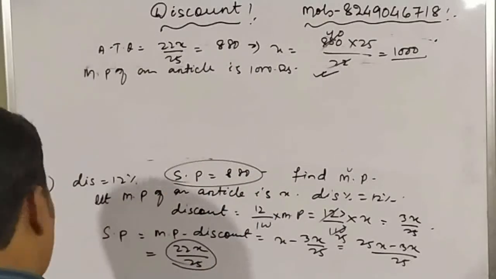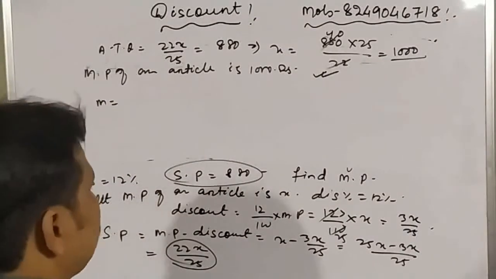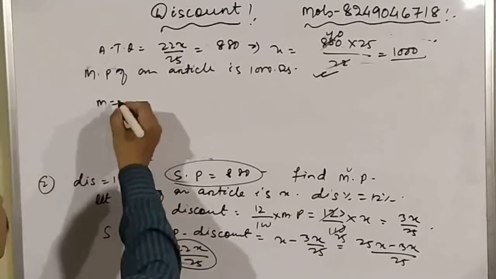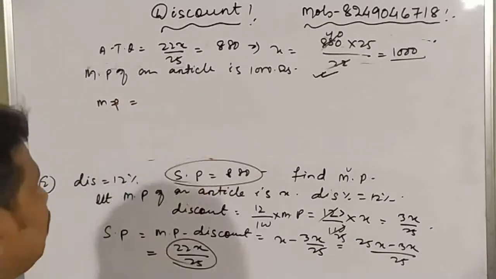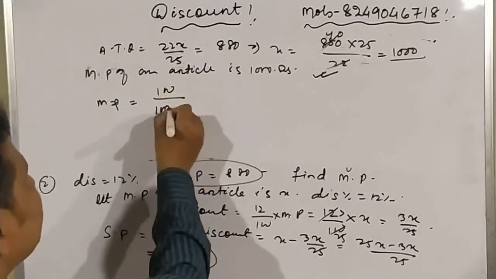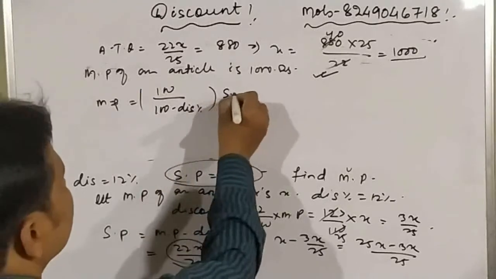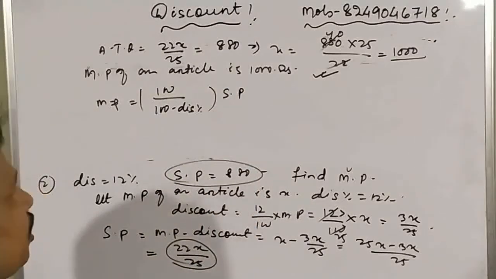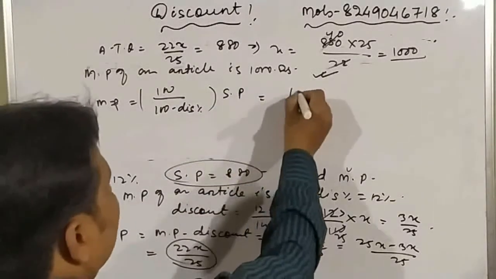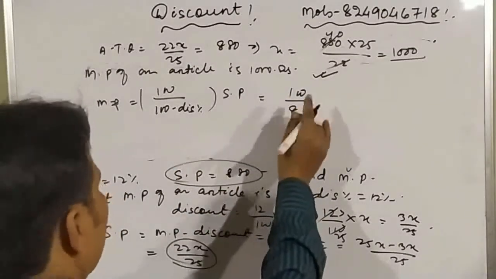The direct formula that I have already told you. Mark price is how much? Mark price is 100 by 100 minus discount percentage whole into selling price. Okay, student. So which equals 100 by 100 minus discount.